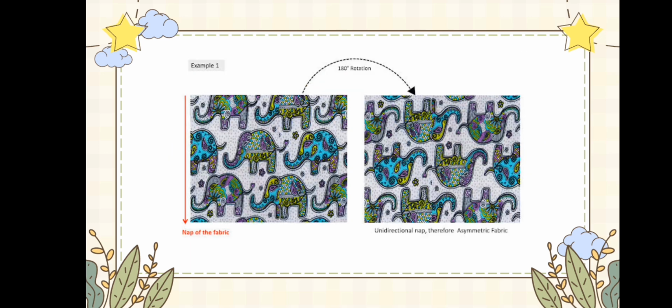So for example, here in a picture, you can cut this in a one-way direction, because if you rotate it 180 degrees, of course the elephants will be upside down. So you need to cut them only in one direction.